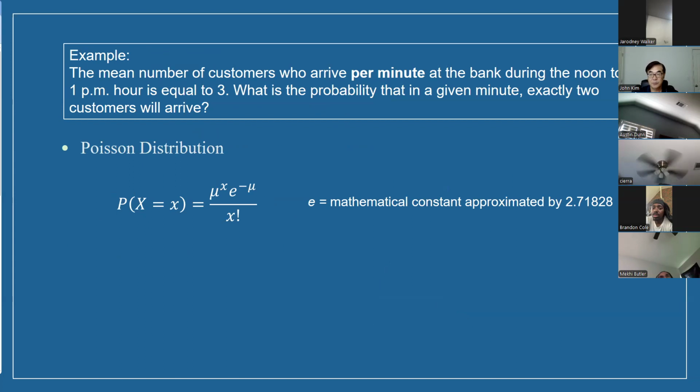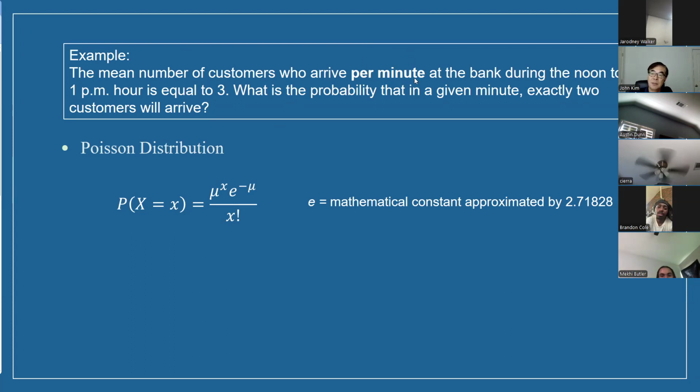Okay, here is an example. The mean number of customers who arrive per minute at a bank during noon to 1 p.m. So during that time period, we can count how many customers arrive per minute. The period is per minute.